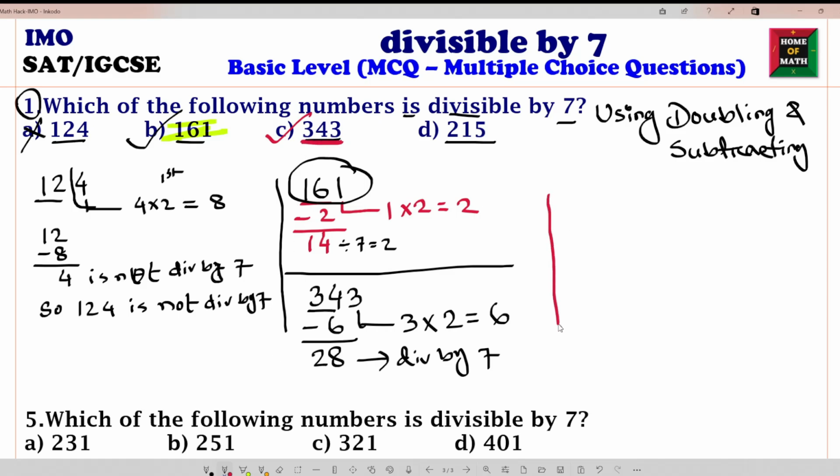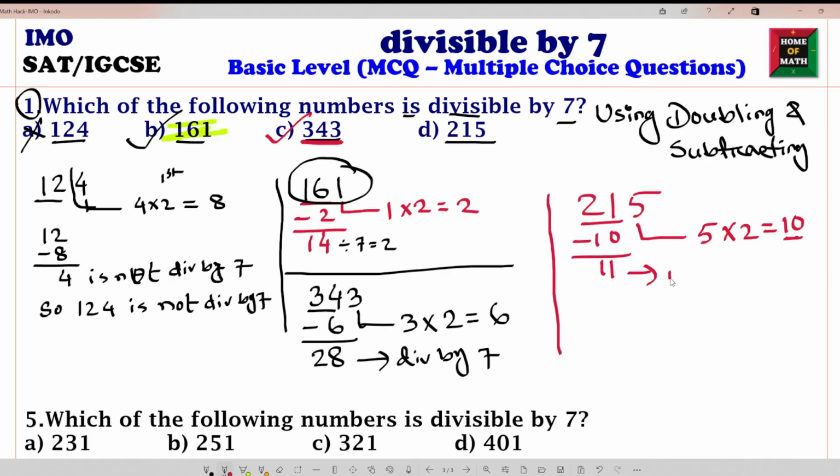Okay, now the final one, 215. We don't know whether it is divisible by 7 or not. So first, this last digit or unit digit we will double, it means 5 times 2, it will become 10. Now we subtract this 10 from 21, 21 minus 10, so 11.